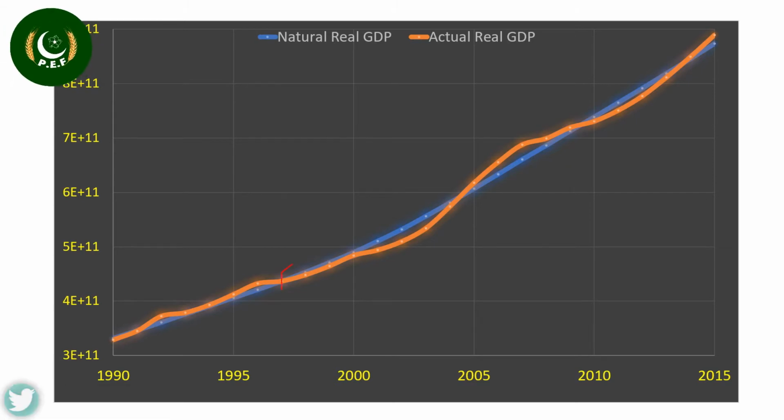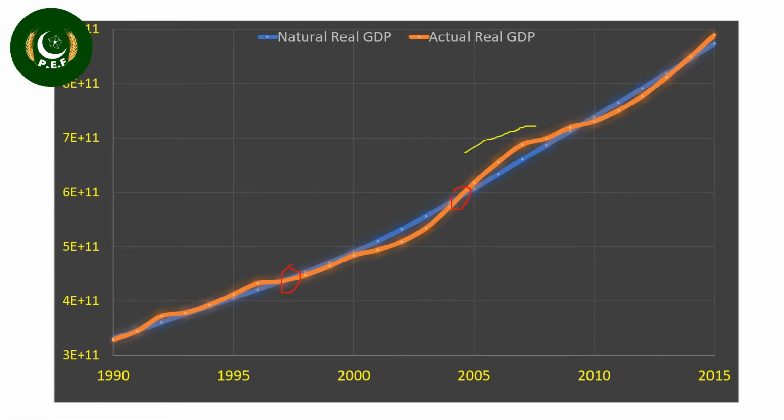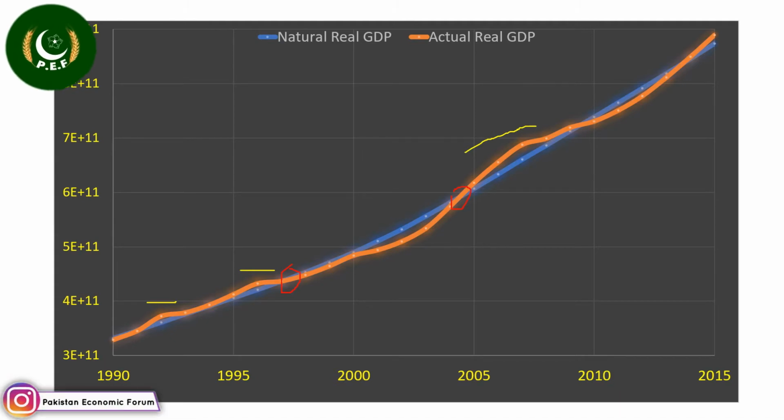The periods in which the red line is above the blue line indicate that during these times the actual real GDP was above the natural level. During these times, inflation is normally high, but unemployment is normally below its natural level.